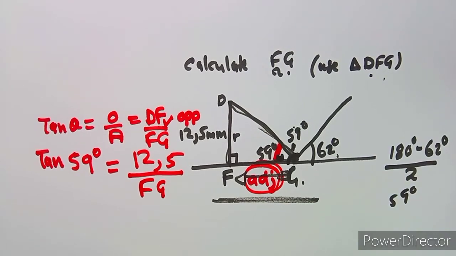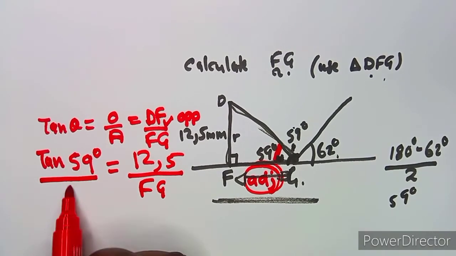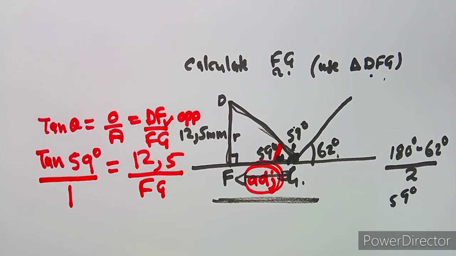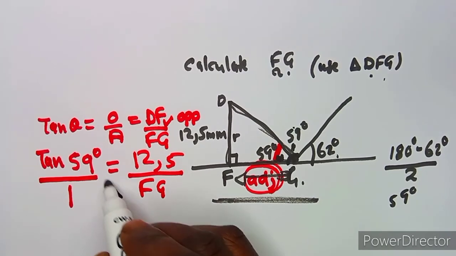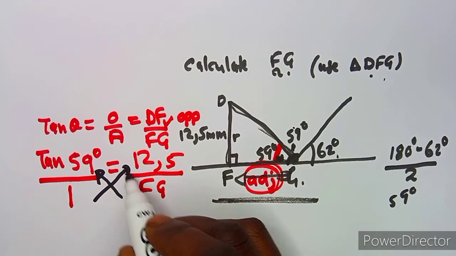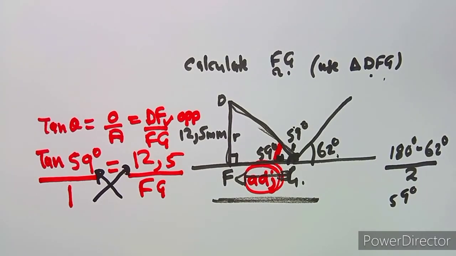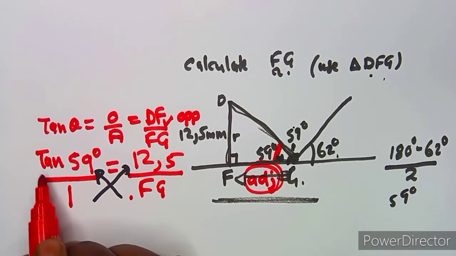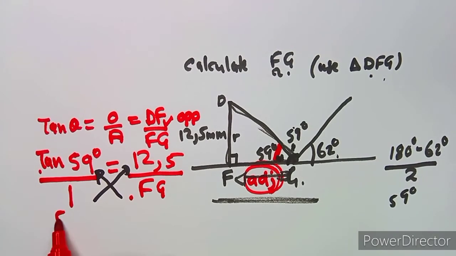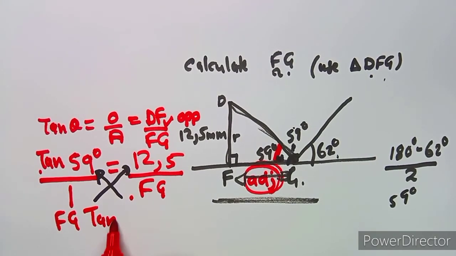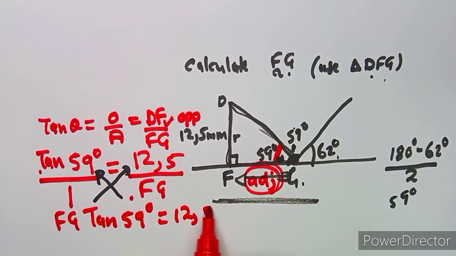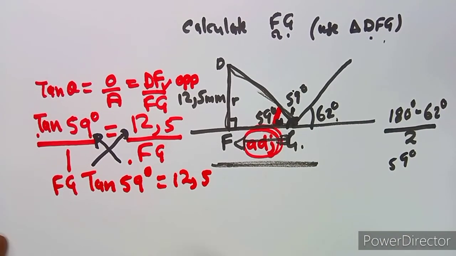So we have formulated an equation that we can actually use to solve for FG, because we can cross multiply the two of them. So that's going to give us FG tan 59 degrees, which is equal to 12,5, like this. So what am I going to do to remain with FG?